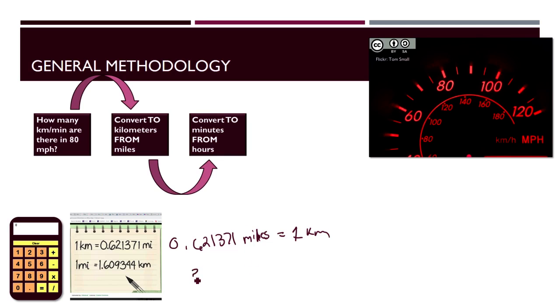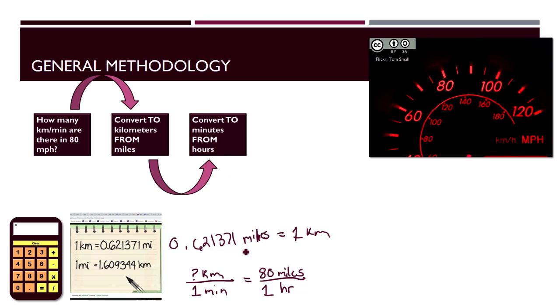All right, so now, as always, I'll write my question as I wrote it before. I'm going to ask how many kilometers per 1 minute are equal to 80 miles per 1 hour. So notice, it's a little different than before. Before we were always just writing how many of this unit is equal to this unit.